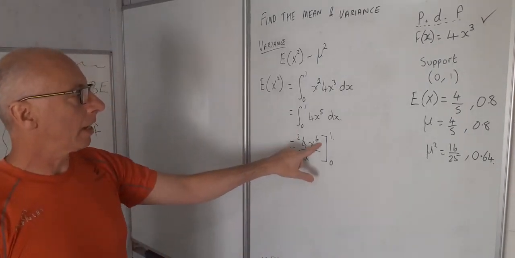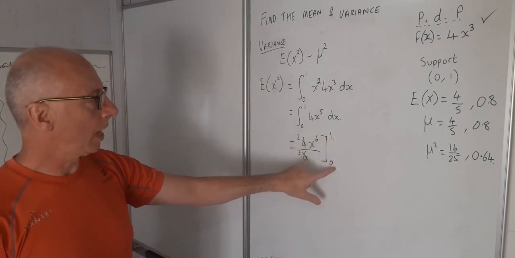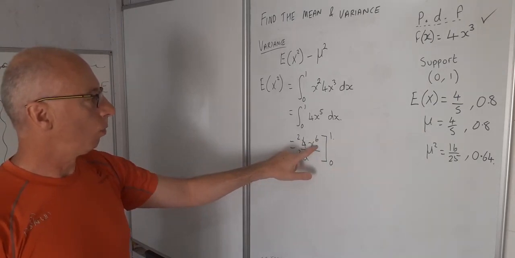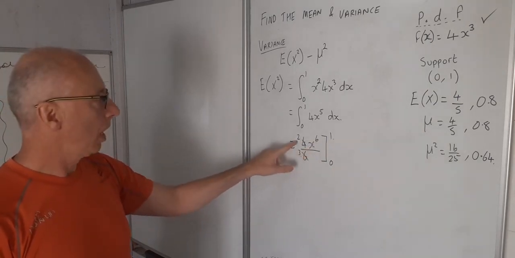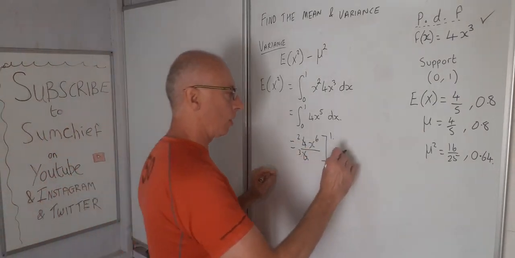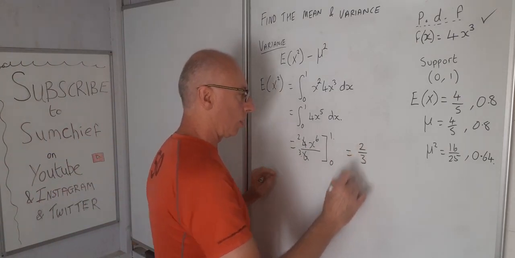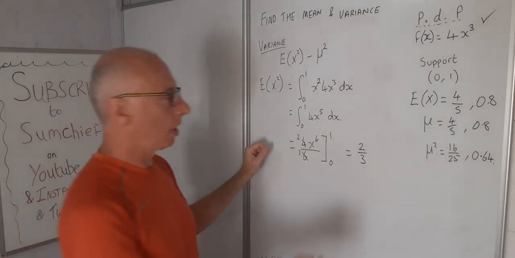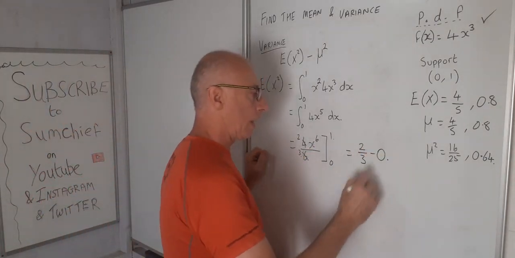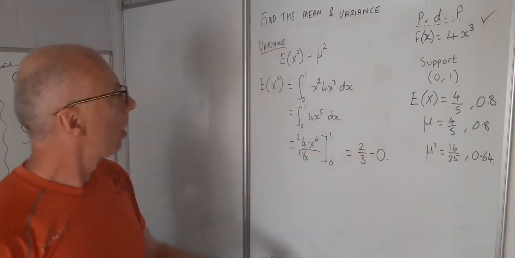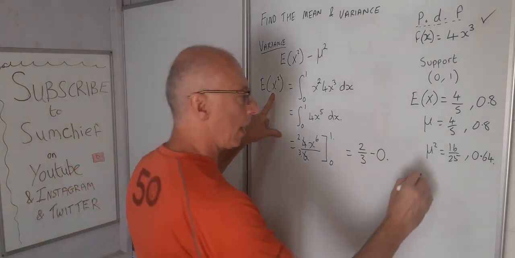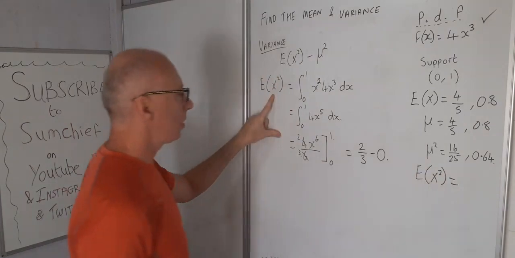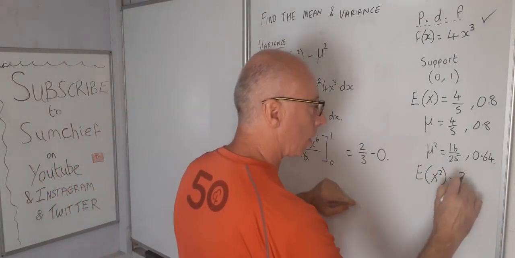And now we can calculate this with limits 1 and 0. So if x is 1, 1 to the power of 6 is just 1, times 2/3, so that gives us 2/3. When x is 0, it just becomes 0. So that just leaves us with 2/3. So now our E of X squared, our second moment, equals 2/3.